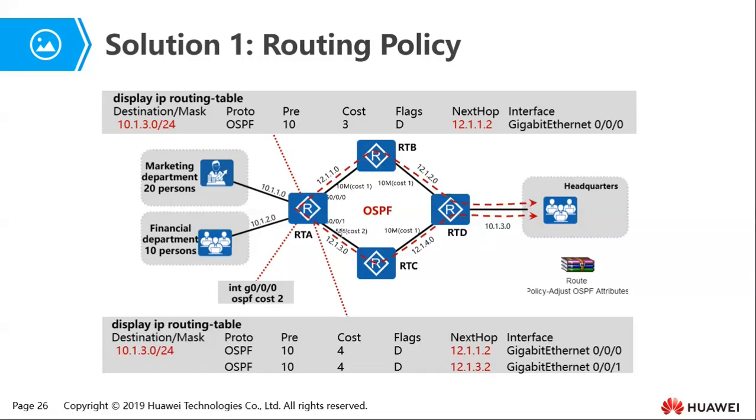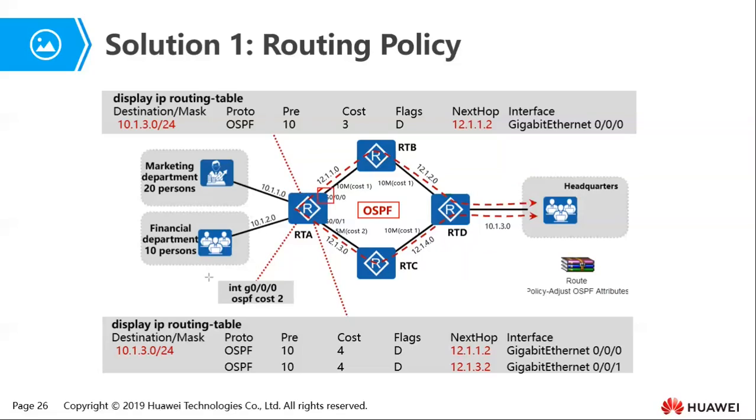But this one, because of the 5 Mbps, we have a cost of 2, and a cost of 1, like that. Now, one way in which we can use the routing policy to change the traffic flow is by altering the cost of this particular interface here. We can alter the OSPF cost.